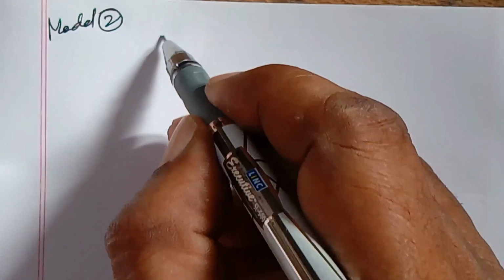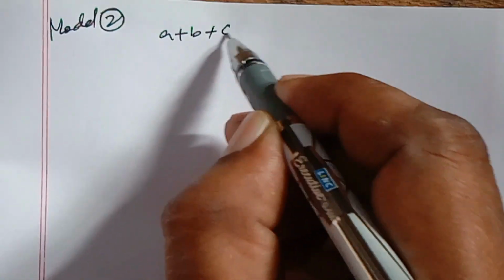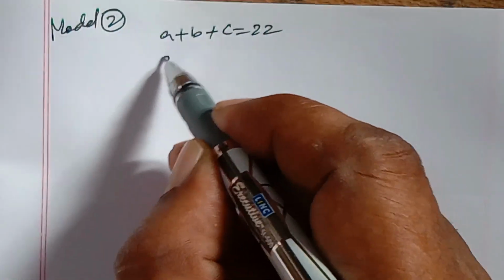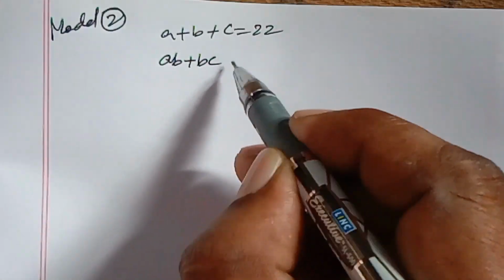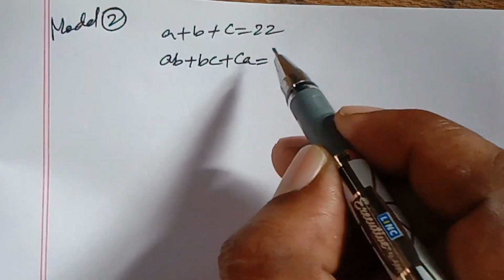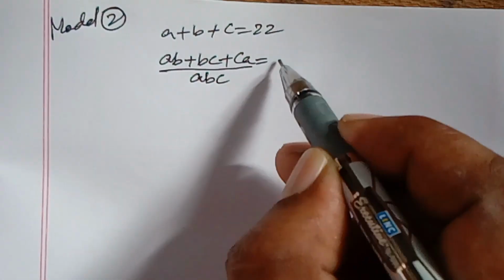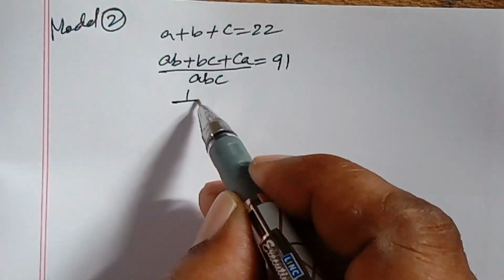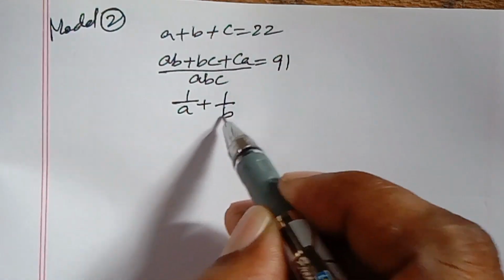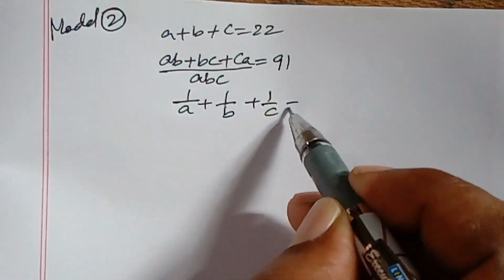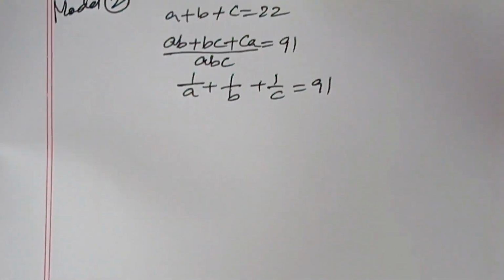The second method will be easier. So method 2. Here a plus b plus c is equal to 22. And ab plus bc plus ca by abc is equal to 91, that is 1 by a plus 1 by b plus 1 by c is equal to 91.